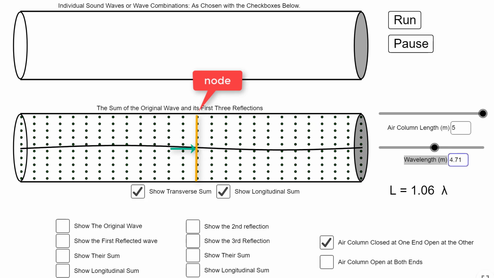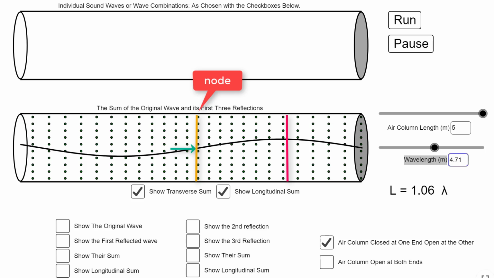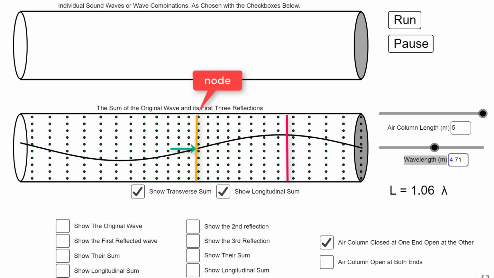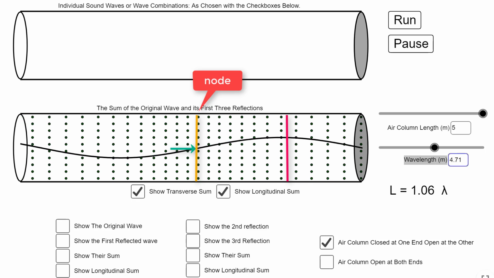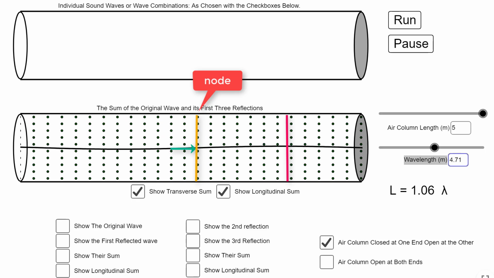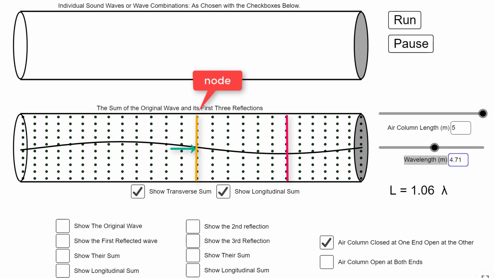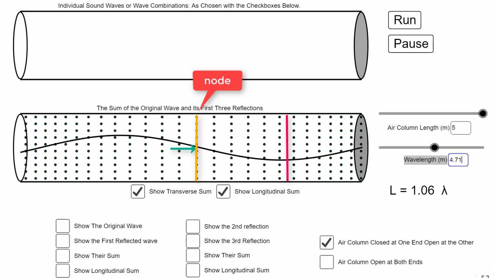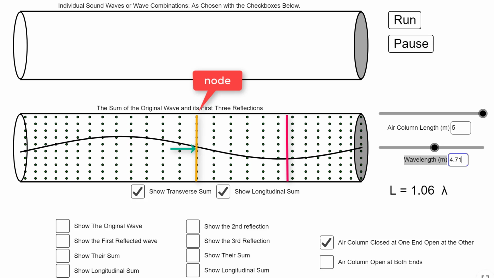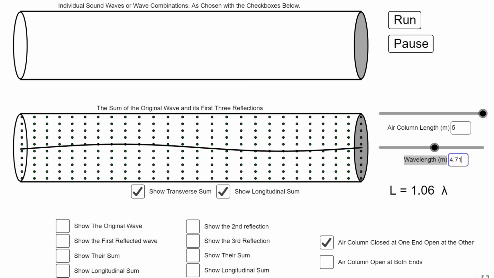Now, consider these particles on the vertical line at the antinode. They oscillate with the greatest displacement, because that is where the antinode is.